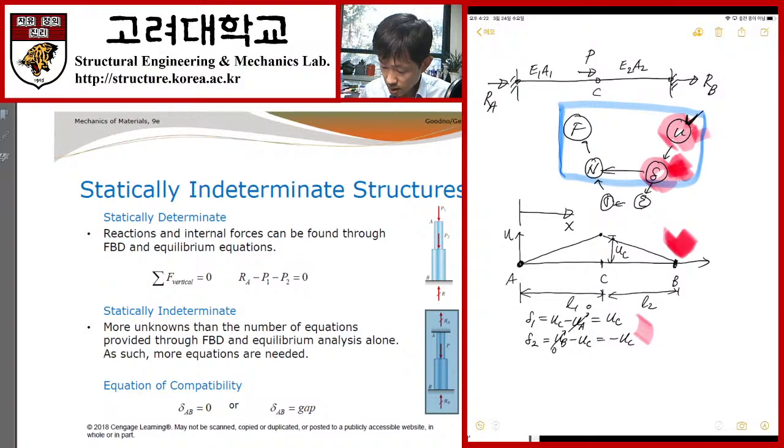Okay, then we need to calculate the internal forces corresponding to this elongation. Then I need to calculate the internal force of segment 1 and segment 2. When you calculate the internal force for segment 1, what elongation do you need? Elongation of segment 1 or elongation of segment 2?